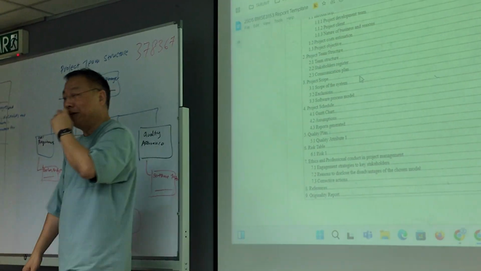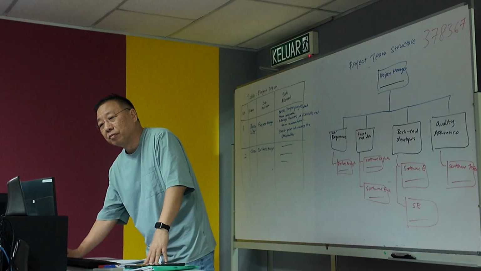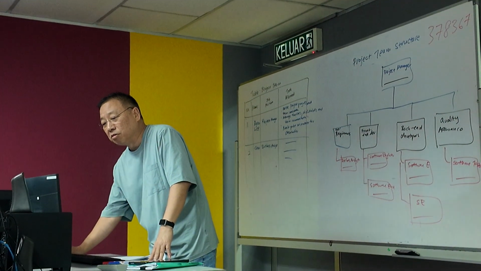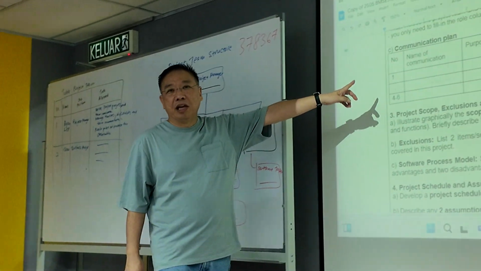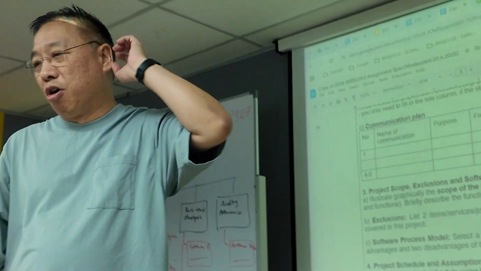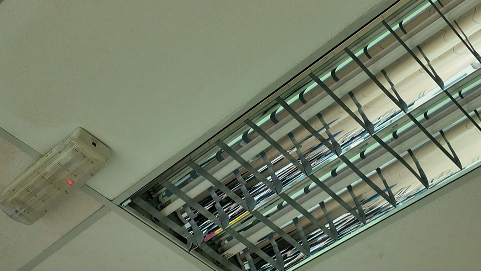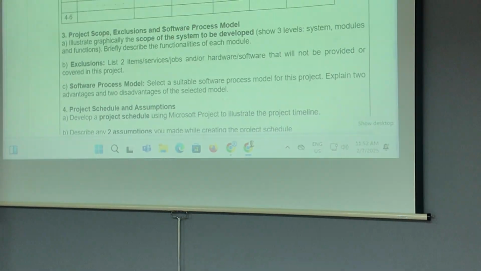2.3 communication plan. What is a communication plan? A communication plan looks like this. This is the table you have to prepare for your communication plan. Why is it important to have a communication plan for a project? Because it documents all your formal communications.